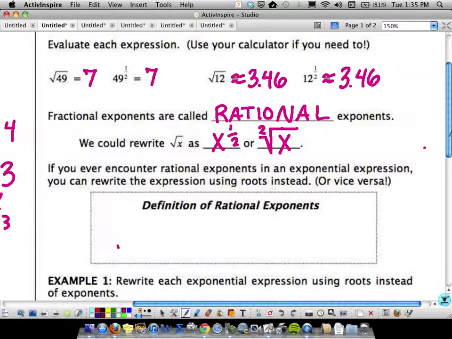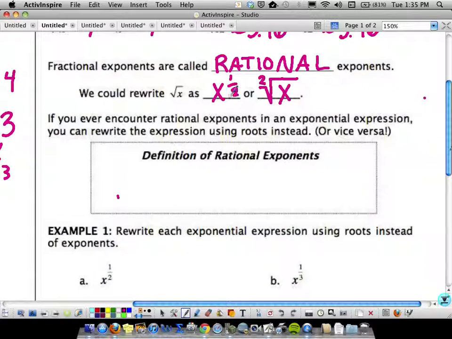Okay. So in general, this is a specific example up here with a square root and a 1/2 power. Here's the rule in general. If you had something that looks like this, a to the m over n, so that's a base with a rational exponent, we can always rewrite that using a root instead of using an exponent.